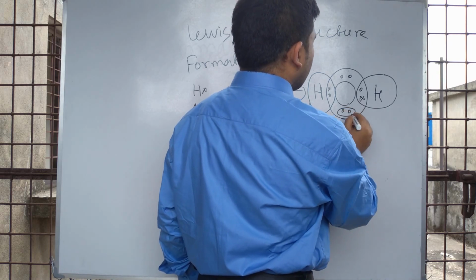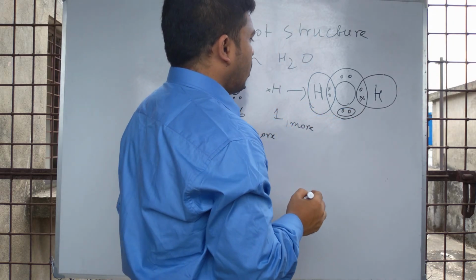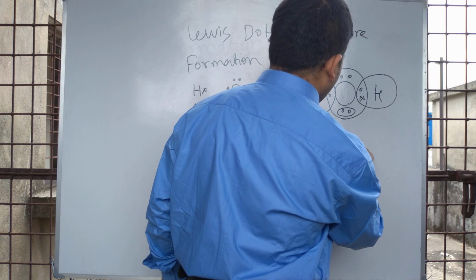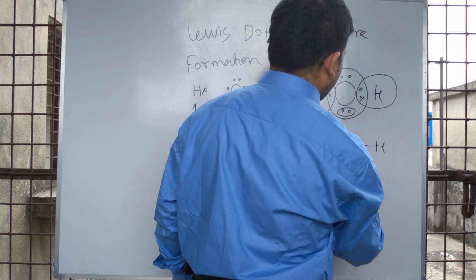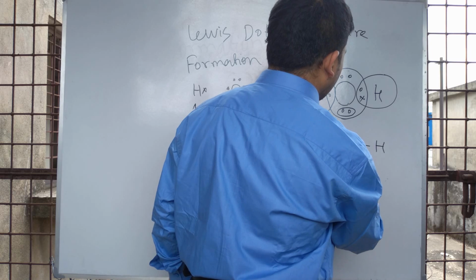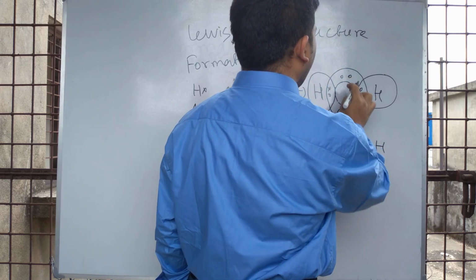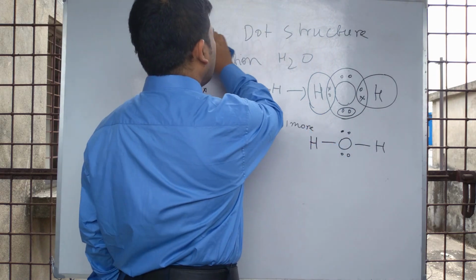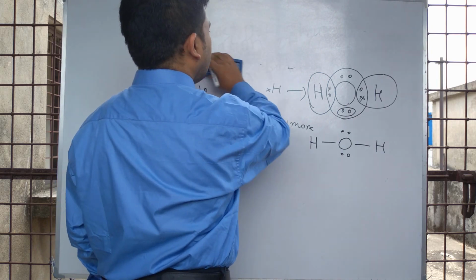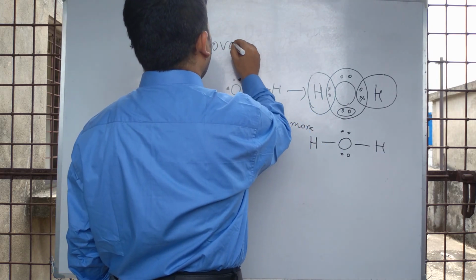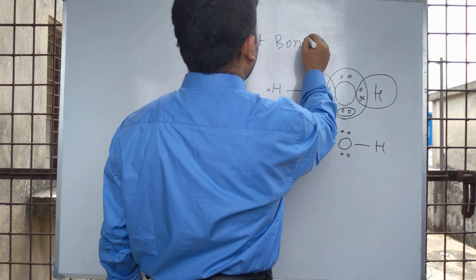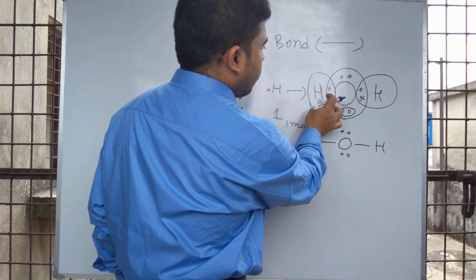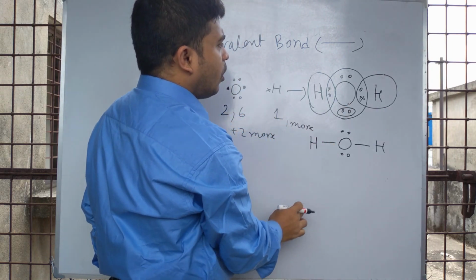This pair of electrons, we write this structure in the bond way. These two electron pairs are alone and do not form a bond. A covalent bond is always represented by a solid dash. So the bonding between oxygen and hydrogen is shown by solid dashes.